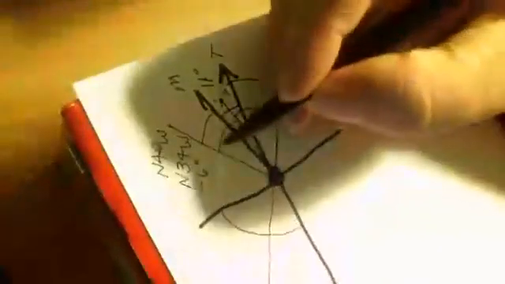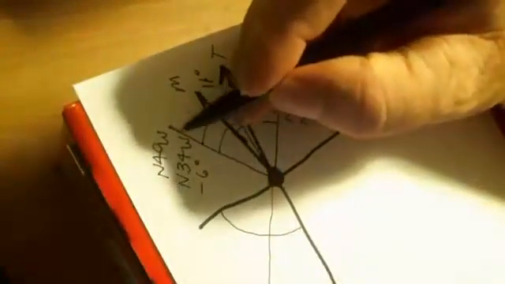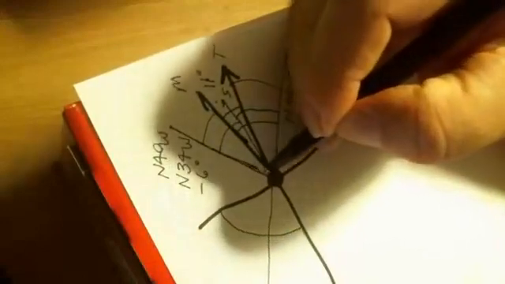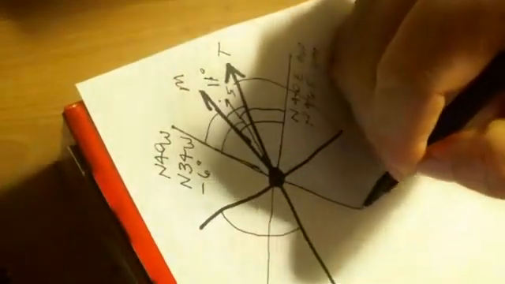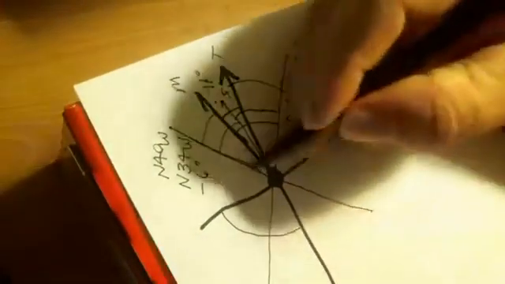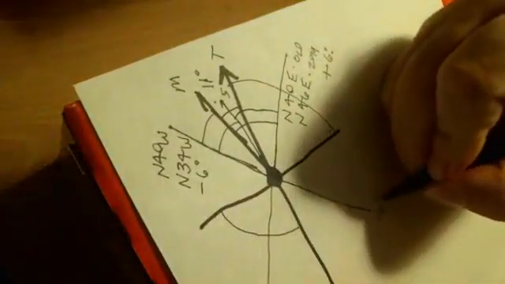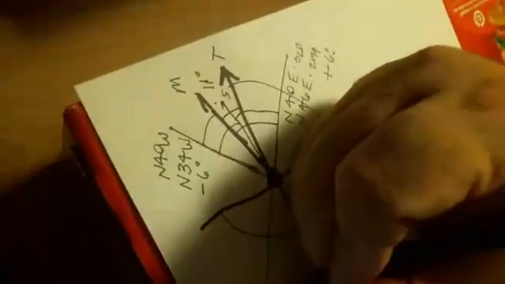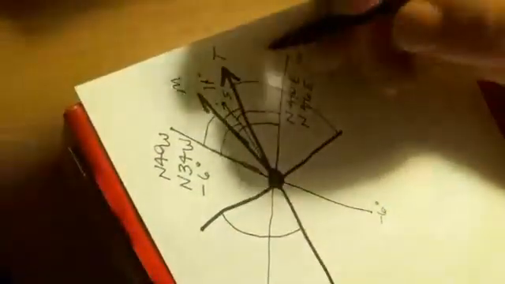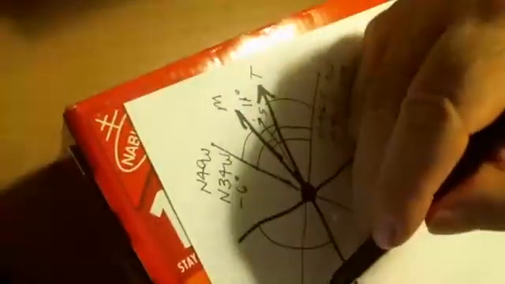And see, this line in the northwest is identical to the line in the southeast. The same principles apply. This would have a negative 6-degree correction. This would have a positive 6-degree correction. But it wouldn't always be 6 degrees.